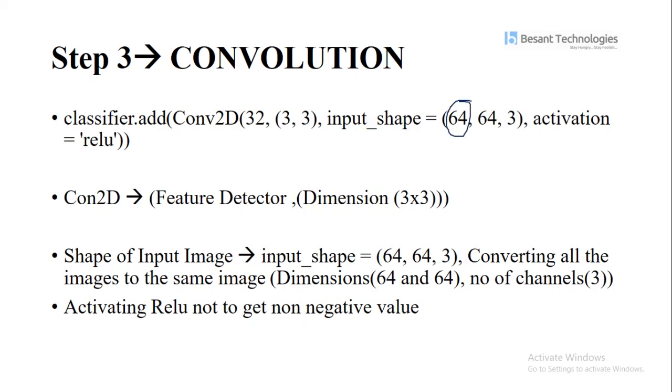The 64, 64 are the dimensions, and the 3 is the number of channels. The 32 is the number of feature detectors, and the 3, 3 are the dimensions of the feature detector. We are going to activate the rectifier to get non-negative values.